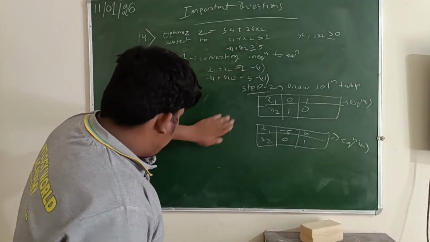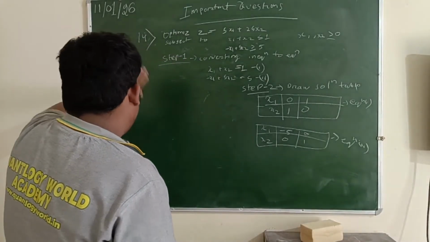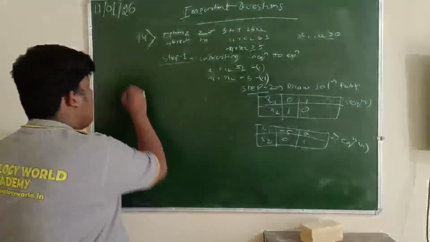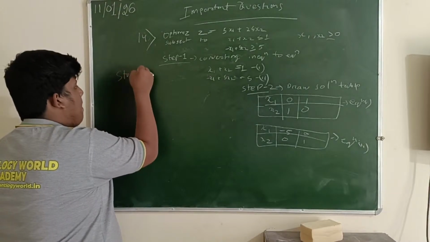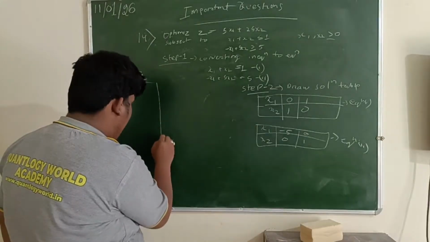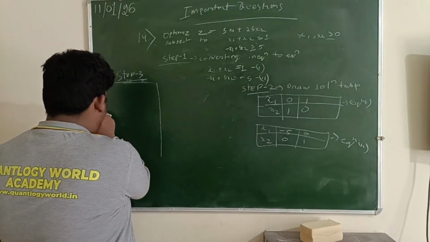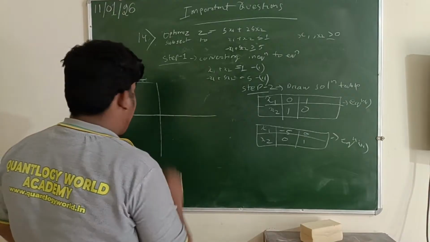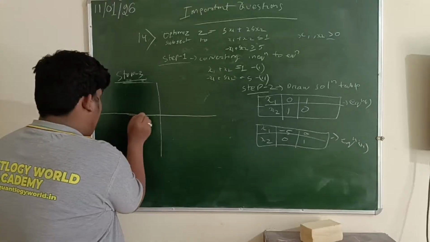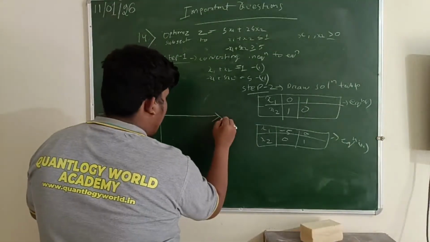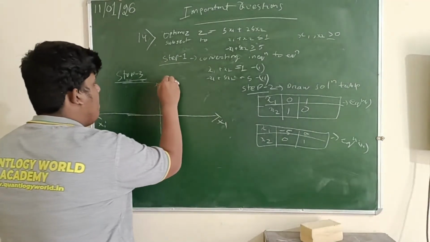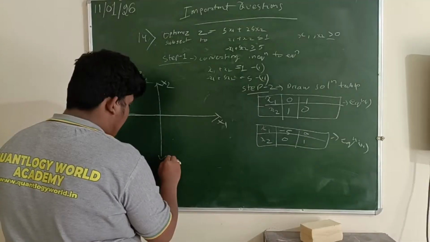Here we will do step 3, which is the graph part. This is the very important part of this question. We draw x1, x1 dash, x2, x2 dash.